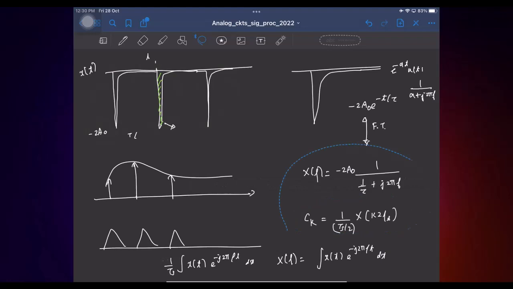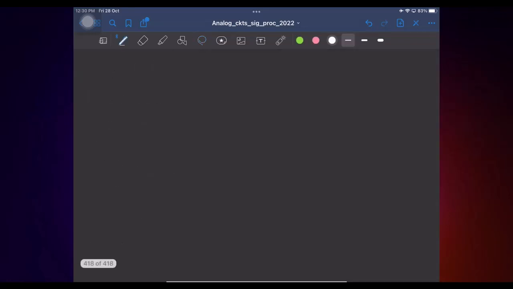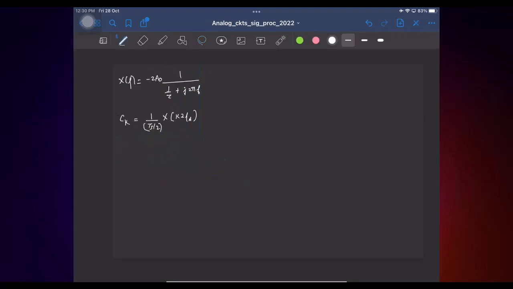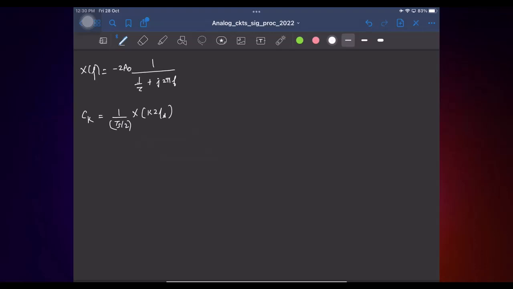let me copy everything. So now I know the exact Fourier series coefficients. So this is 2 by Ts times minus 2A naught, 1 by tau, j 2 pi K times 2Fs.